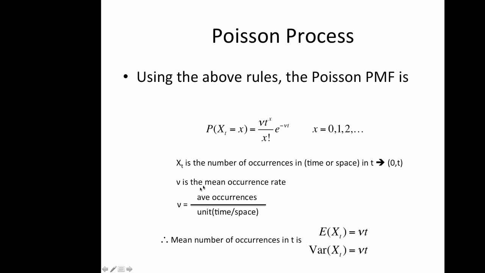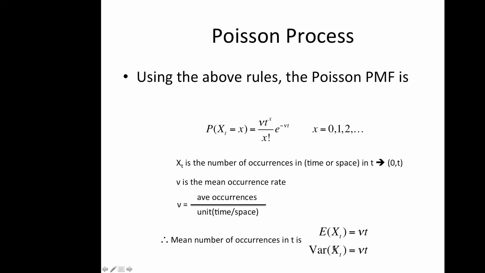This nu is the mean occurrence rate. So it's the average number of occurrences usually observed, sometimes predicted, but usually observed per some unit time or space. Now your book does a nice job of deriving the expected value of x sub t given this PMF, and it turns out that the mean number of occurrences in t is going to be equal to nu t.